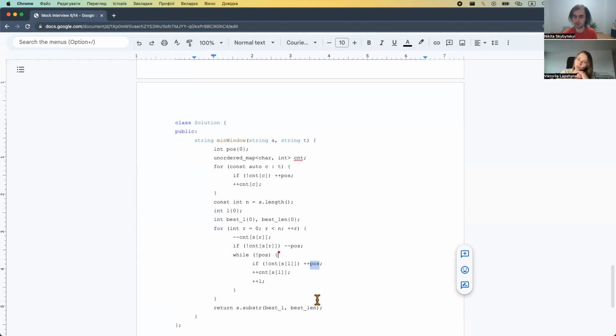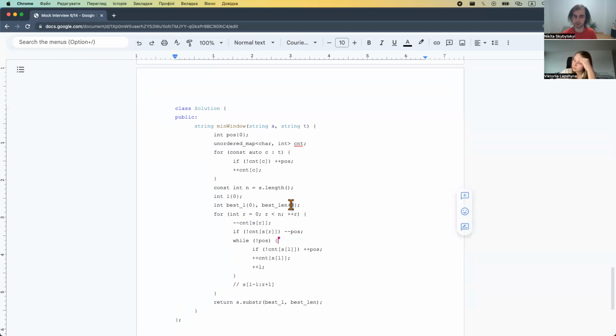You mean it was in T, but now it's not. Yeah, so s from left -1 to right inclusive actually was good, inclusive because I did this, but now it's not. So best length here probably should not be initialized with 0. Now that I think about it, it should be some sentinel like n+1.